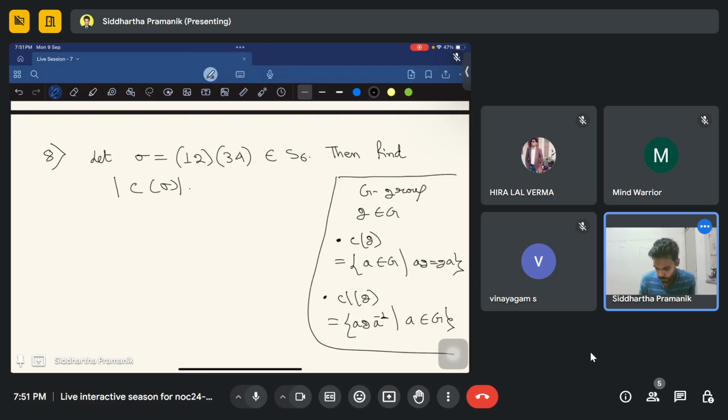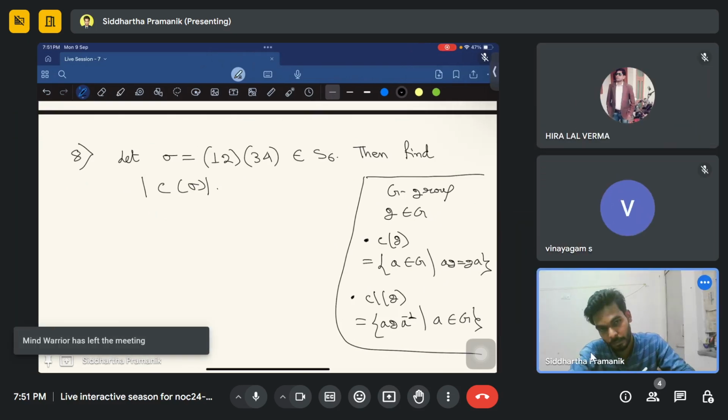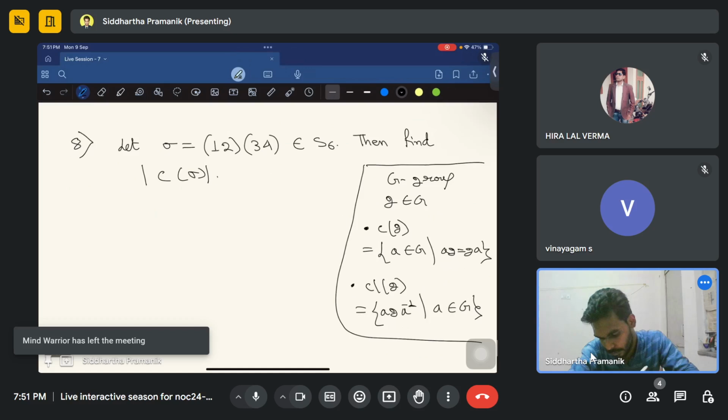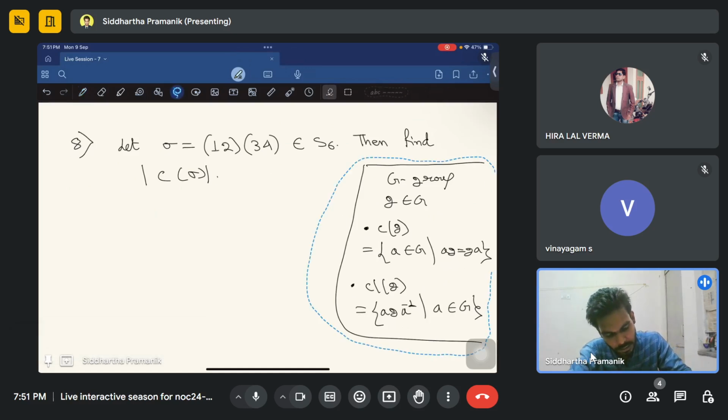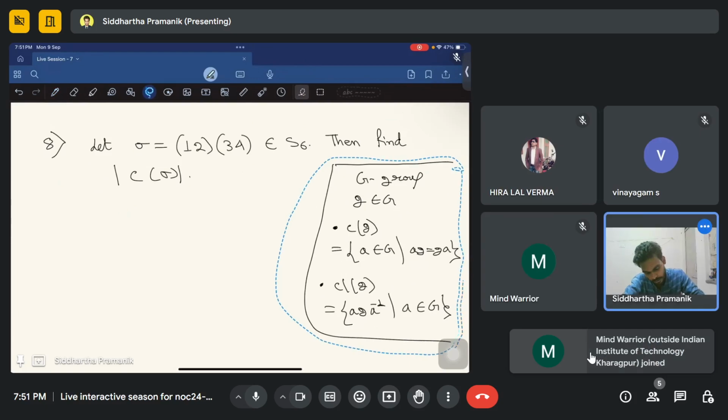So to do this problem, we need that counting formula, the orbit stabilizer theorem. So let me recall that for you. It is a good exercise to recall all the things.